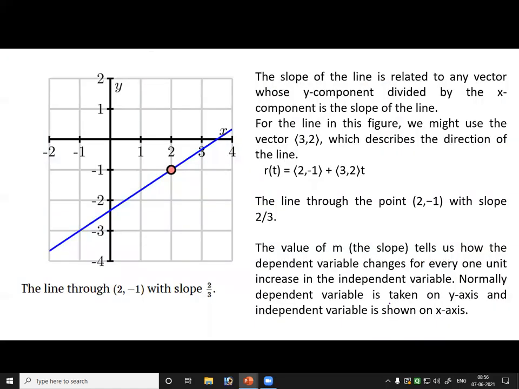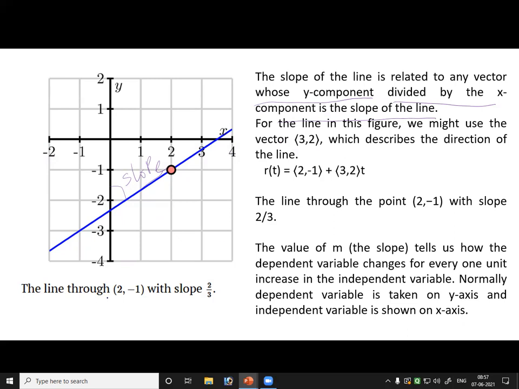You can see this. The slope of the line is related to any vector whose y component divided by the x component is the slope of the line. We can also talk angle-wise about this.